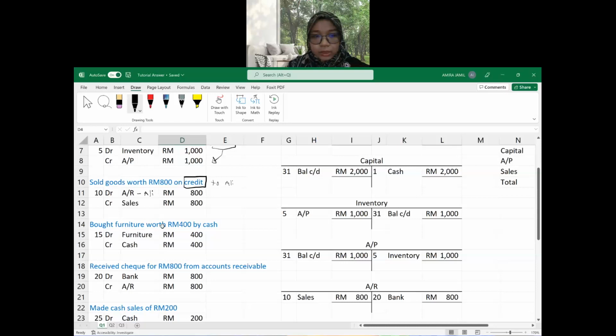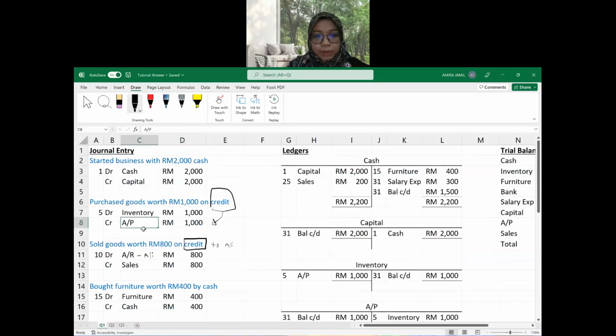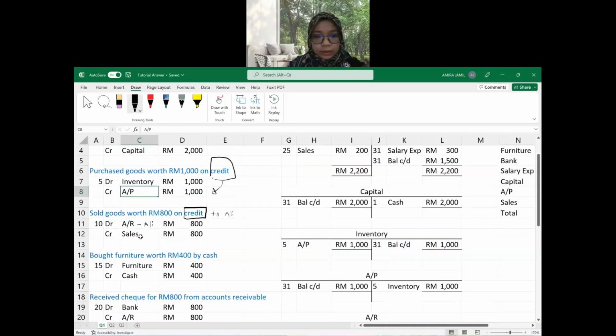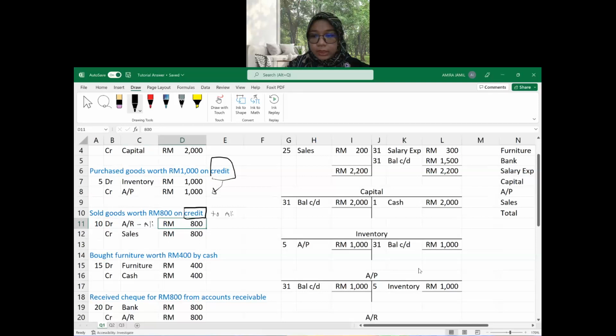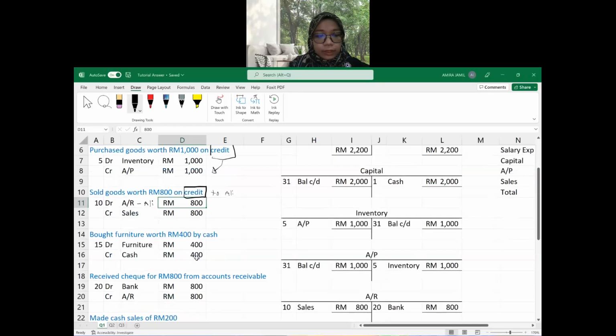AR means account receivable, AP means account payable. This is the short form. Debit account receivable 800, credit sales 800.